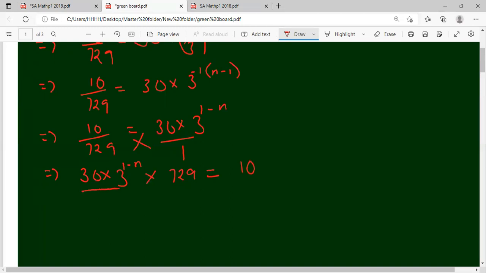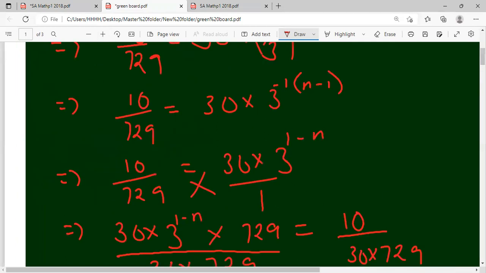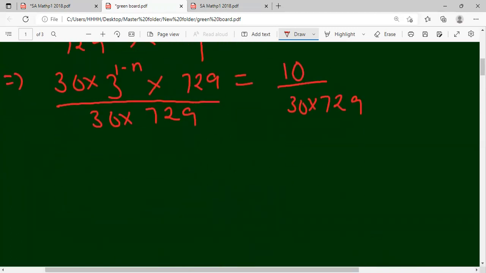So we divide both sides of the equation by 30 times 729. This will give us 3 to the power 1 times 3 to the power negative n. This is what will remain when we divide.